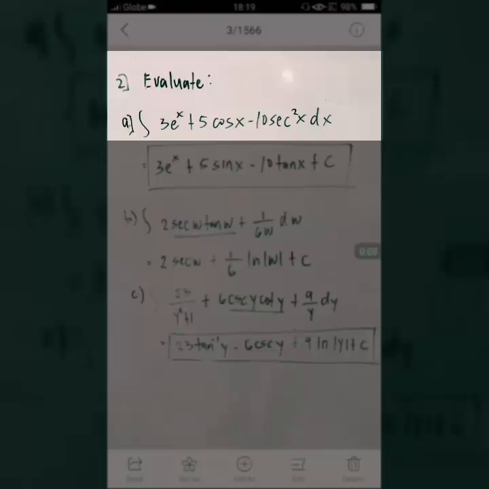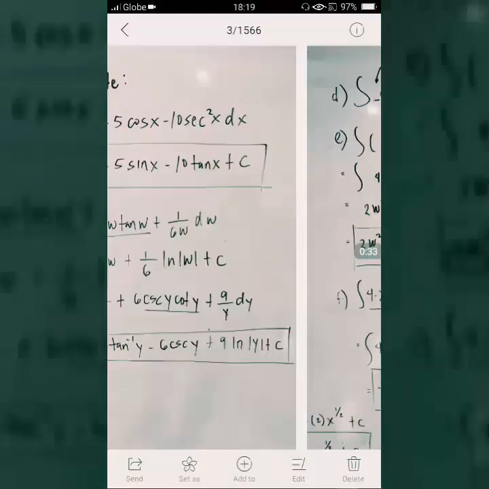So nagtapos tayo dun sa example number 1, yun yung computing indefinite integral involving algebraic expression. So for now, subukan natin yung mga basic examples naman ng involving trigonometric function.